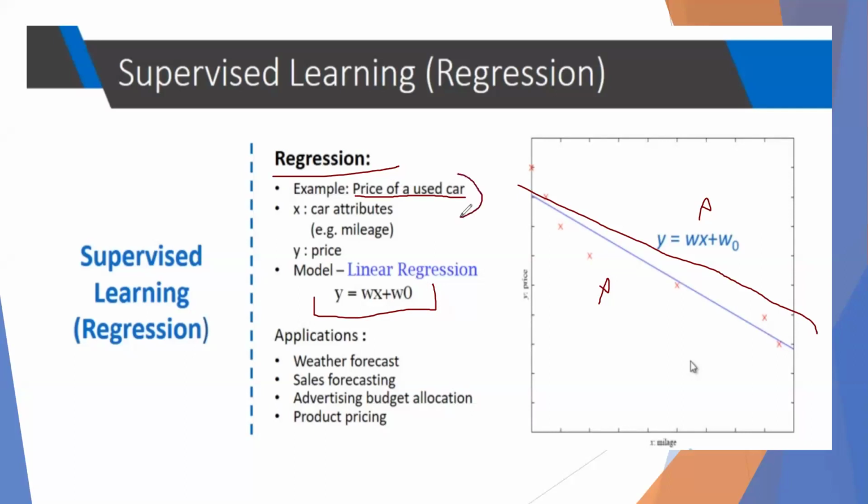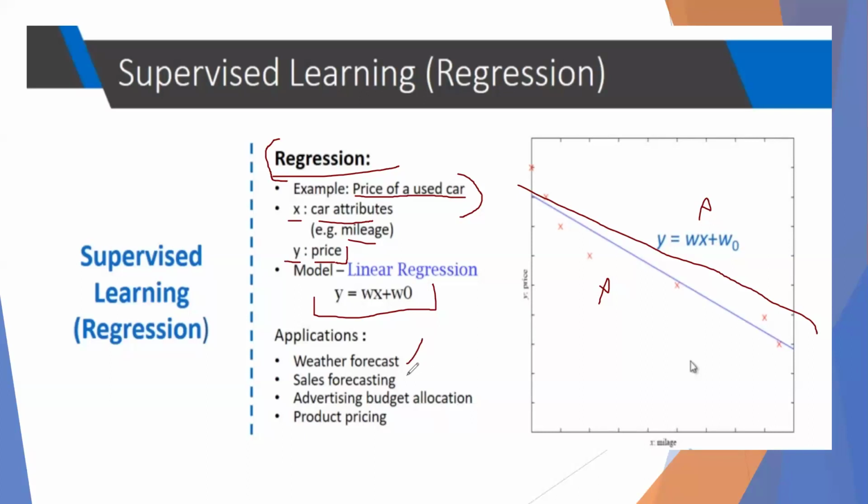We want to get a second-hand car, and we want to predict a particular price that can be suitable for it. So we choose two parameters, X and Y. X is the car attribute, for example, mileage, and Y depends upon X: what will be the price of that car. This kind of thing is covered in regression problems.